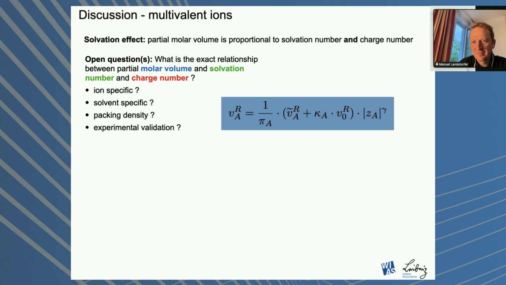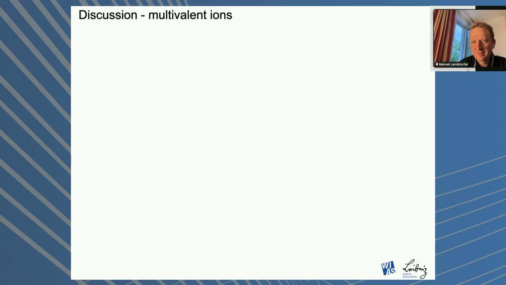So in order to provide also models, for instance, I have projects on ion channels where calcium ions can flow through. We want to understand how the partial molar volume and the solvation number interact, or how they are dependent on the charge number of the specific ion.